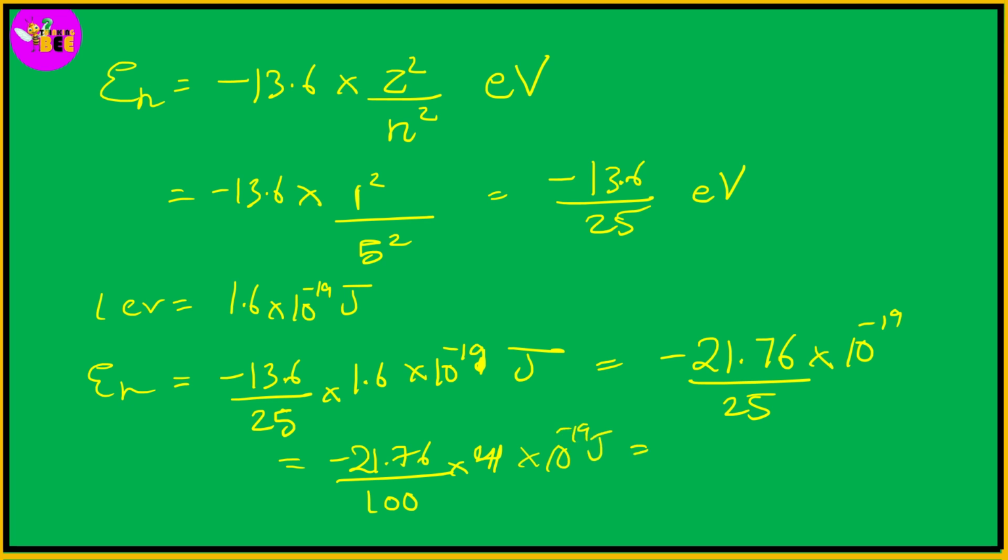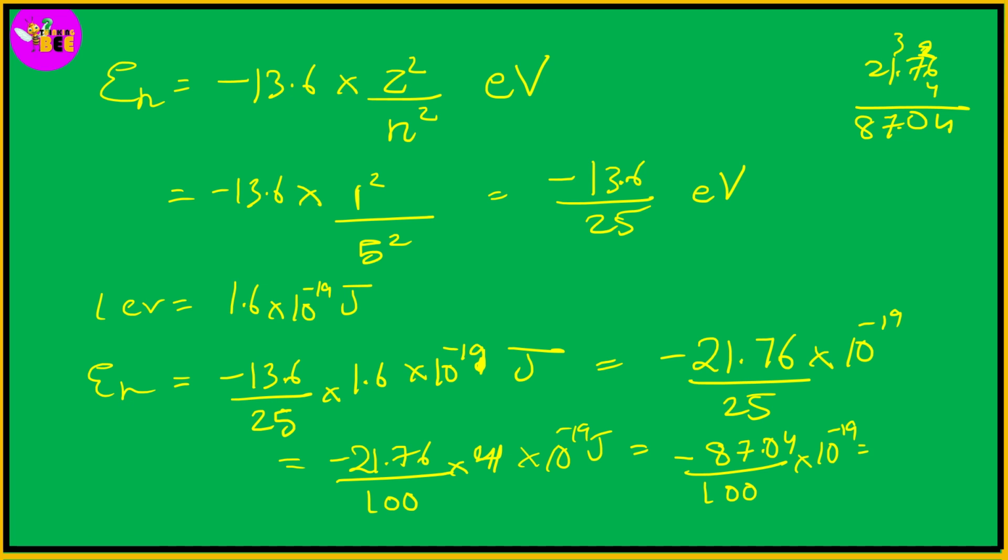Now if we do this, 21.76 into 4, we get minus 87.04 divided by 100 into 10 to the power minus 19.